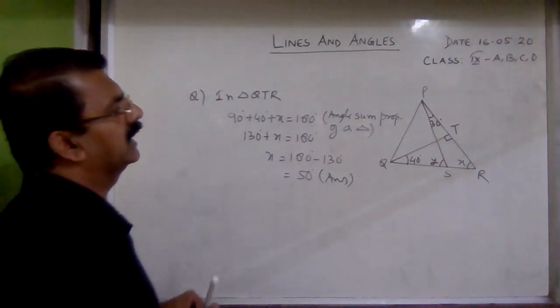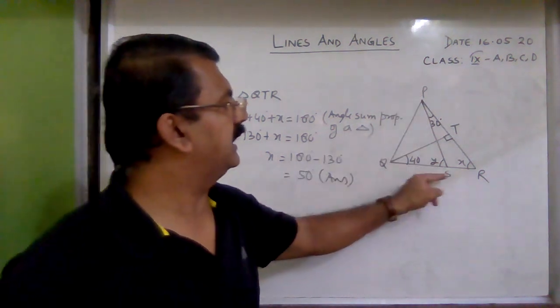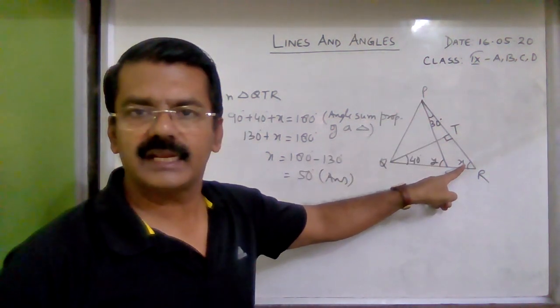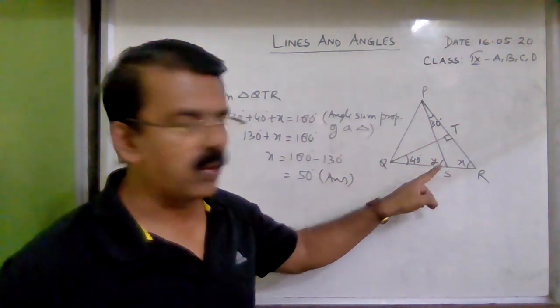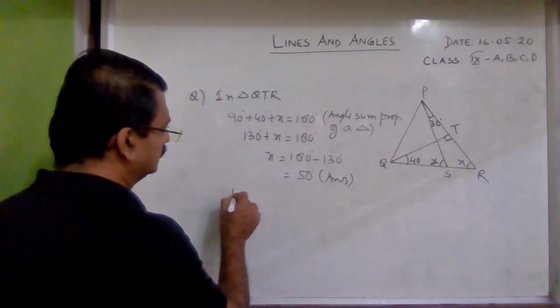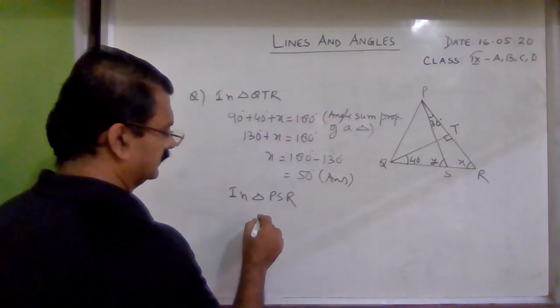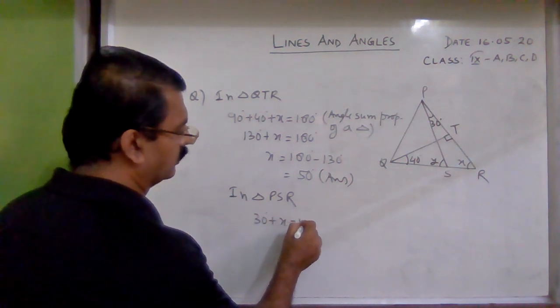Now you see, in triangle PSR, one interior angle is 30, the other interior angle is x, and the exterior angle is y. So in triangle PSR, 30 plus x is equal to y.